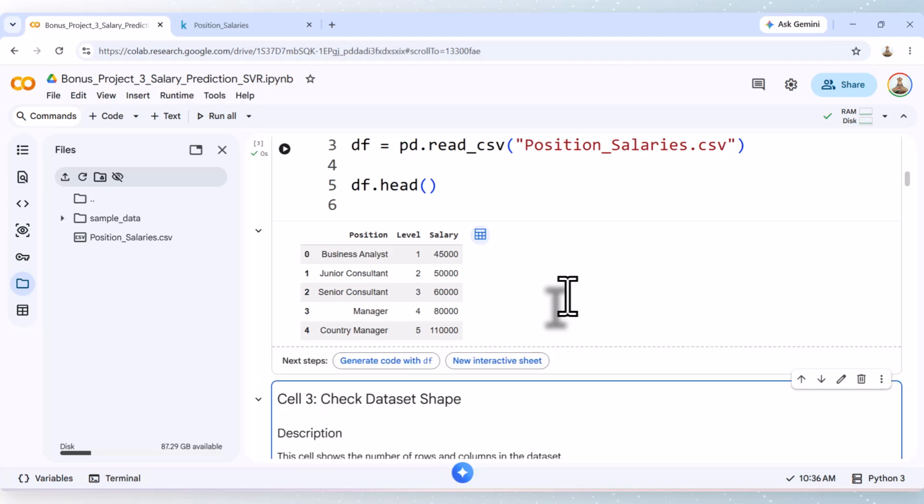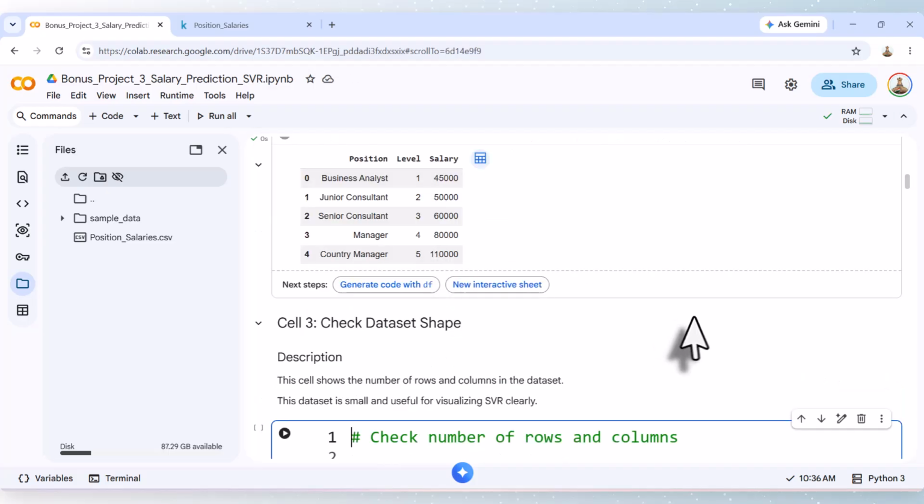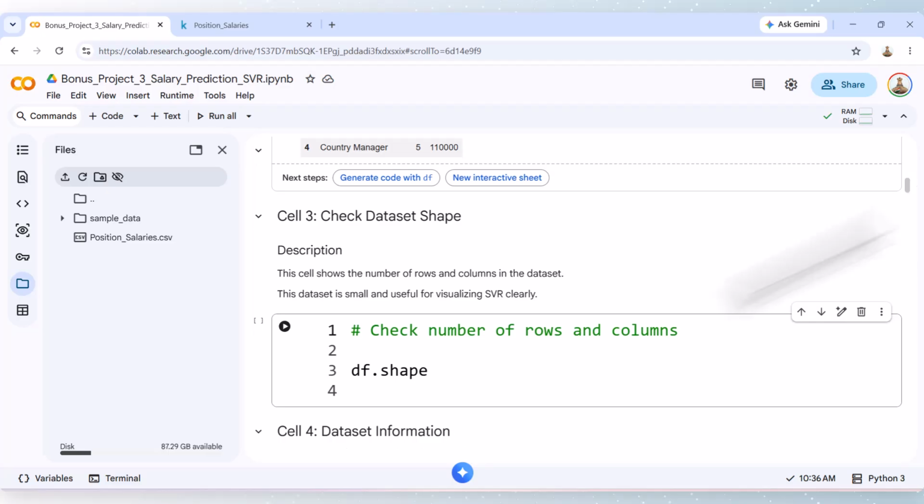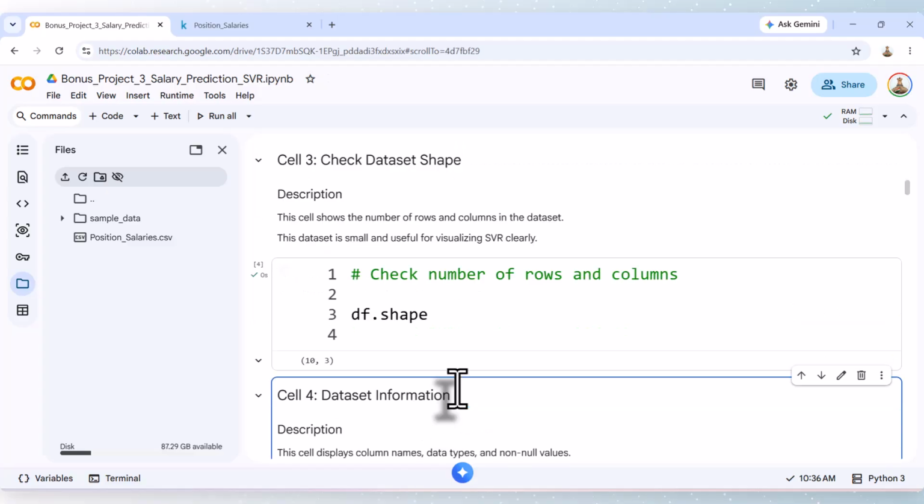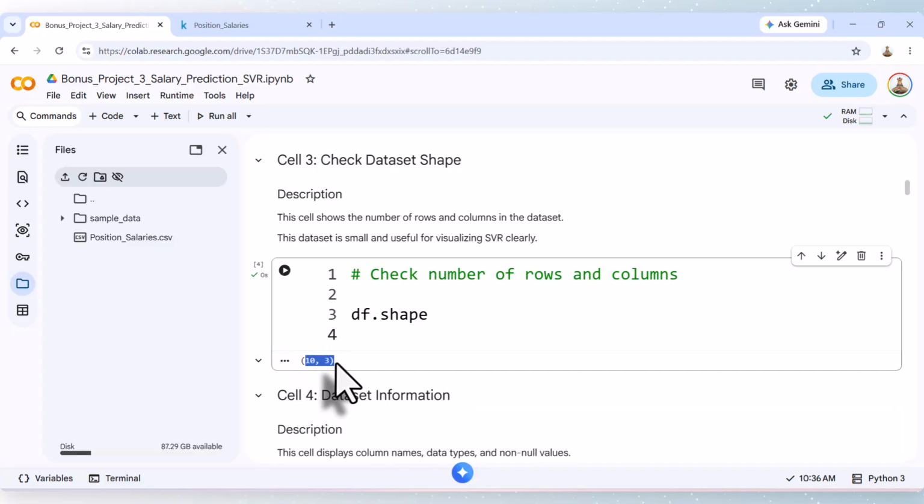Then we use df.head to display the first 5 records from the data set. Then you can see the shape of the data set using df.shape. With this, you can see how many rows and how many columns are available in the data set. So we have 10 rows and 3 columns.